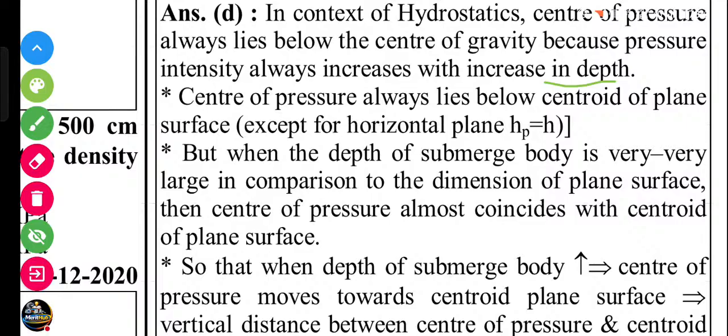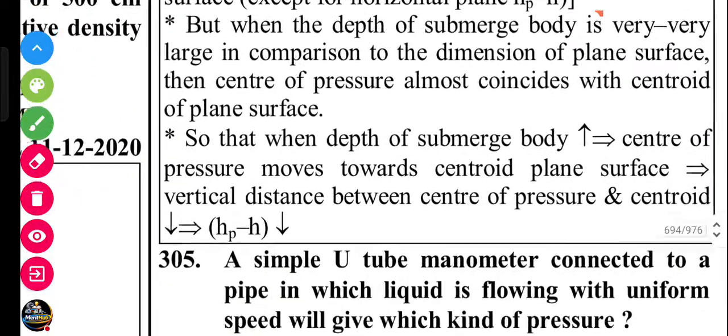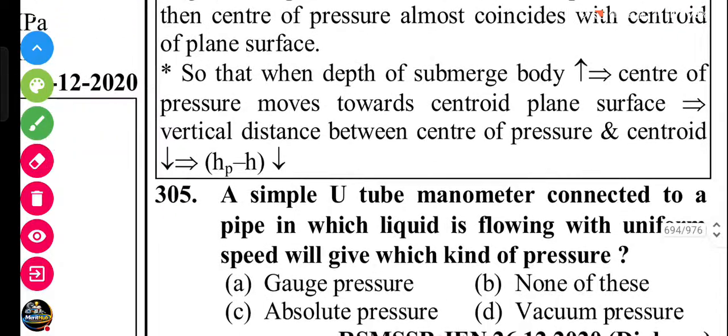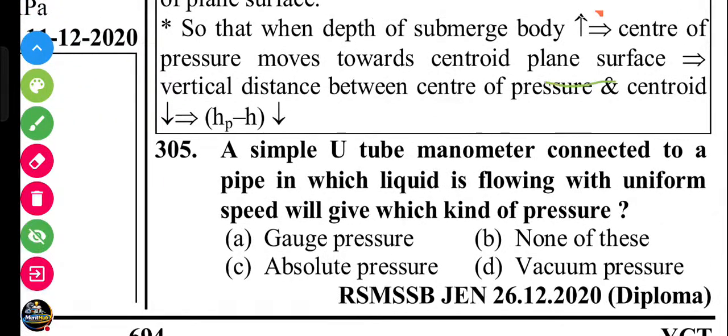So when the depth of the submerged body increases, the center of pressure moves towards the centroid of the plane surface. The vertical distance between the center of pressure and the centroid decreases.